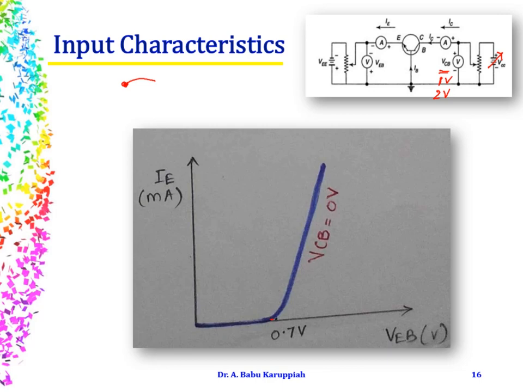It's our choice. Now, for example, I keep it at 2 volts. Then I need to repeat the same procedure. After that, I can keep it at 3 volts or 5 volts or 10 volts. I will do the experiment one more time and take another set of readings.